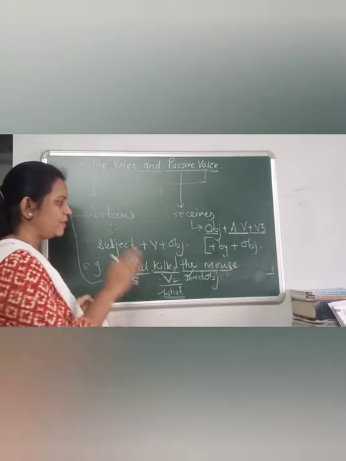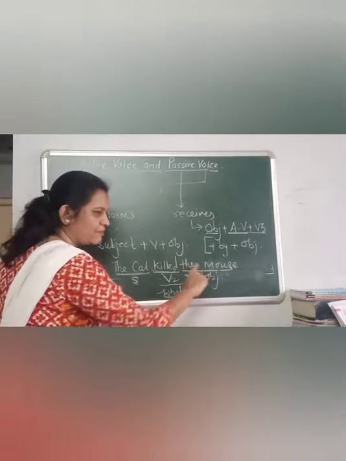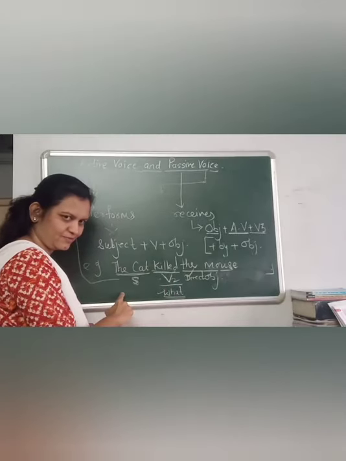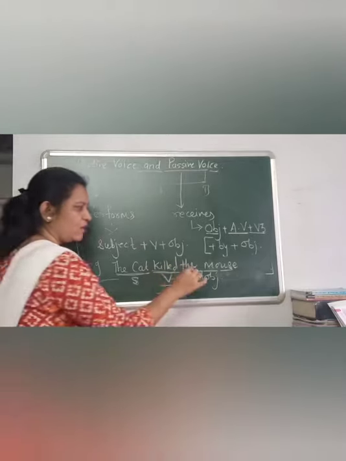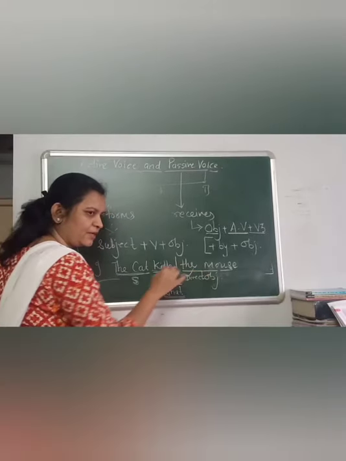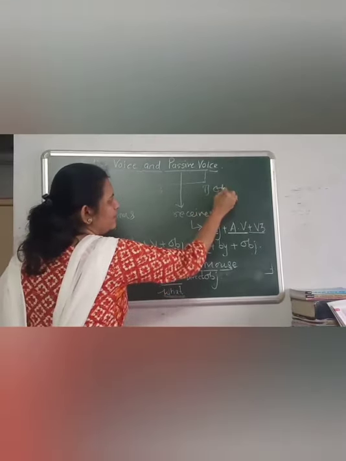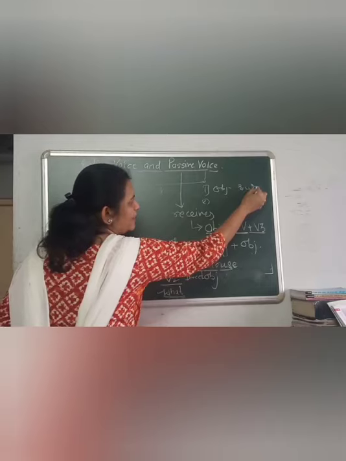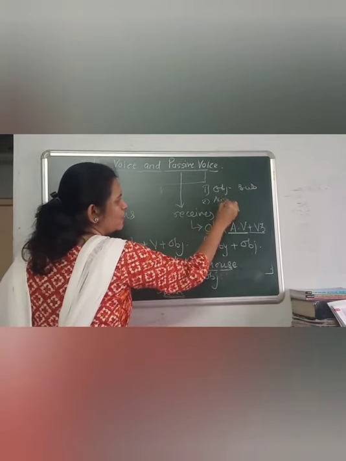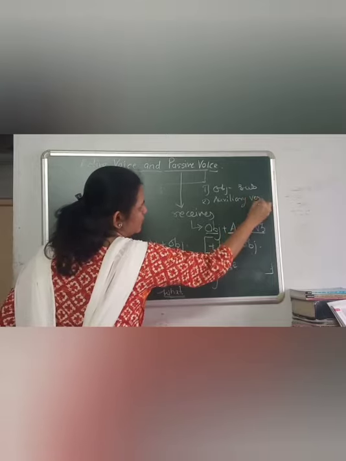Now see, what do we have to do? First thing, the object becomes the subject. This is the first rule. What is that? Write down the object at the place of the subject. Means the object becomes the subject. Second, use auxiliary verb, or helping verb.